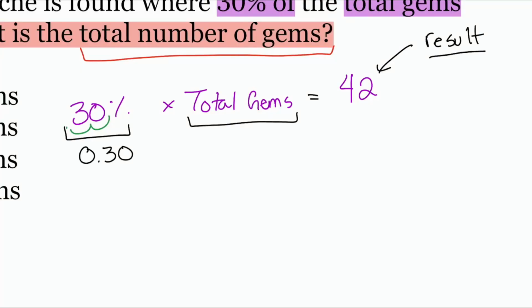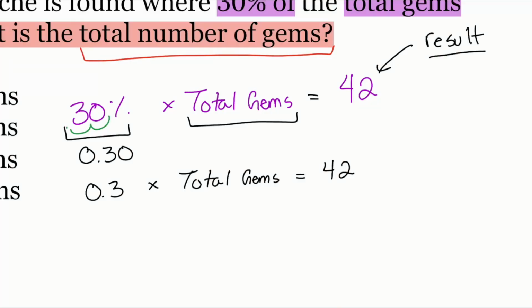But like I said earlier, everybody, for the purpose of saving time, what's another way that we can write the 0.30? 0.3. Yeah, correct. I'm going to save time by shaving off that extra 0 at the end. No need for that. So 0.3 times the total gems equals 42.